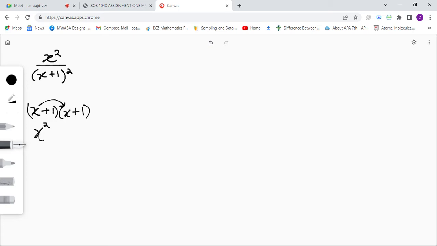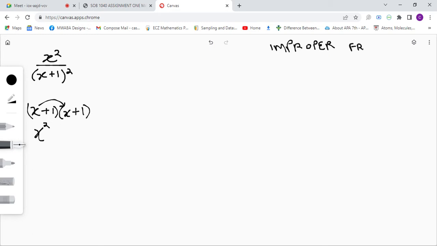So we can see that our leading term is to the power 2. Since the power of the leading term in the numerator equals the power of the denominator, this is an improper fraction.